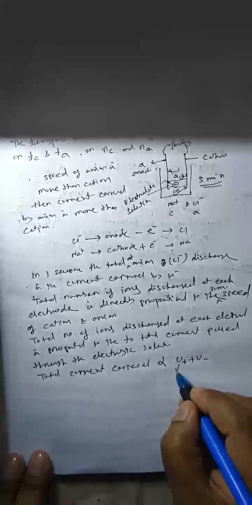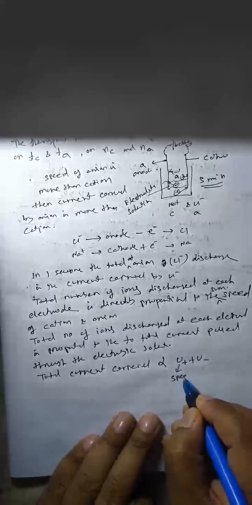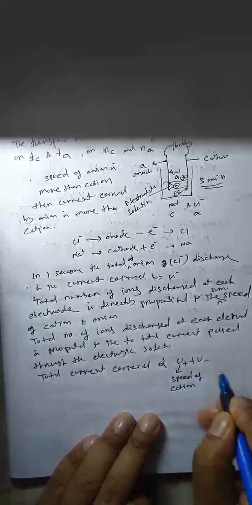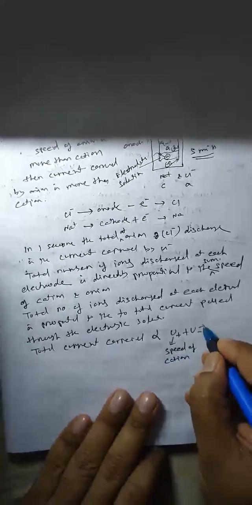This is called the speed of cation, and this is called the speed of anion.